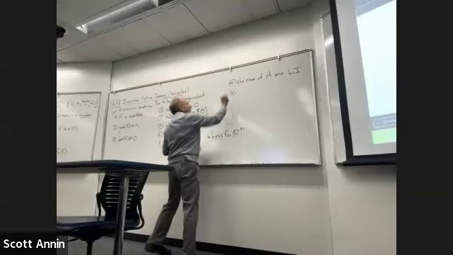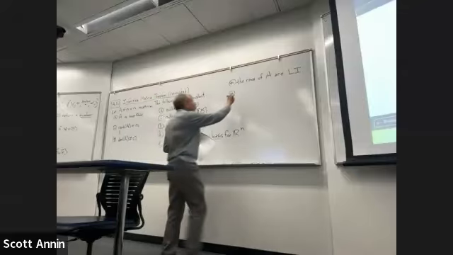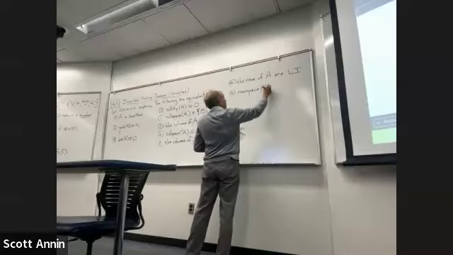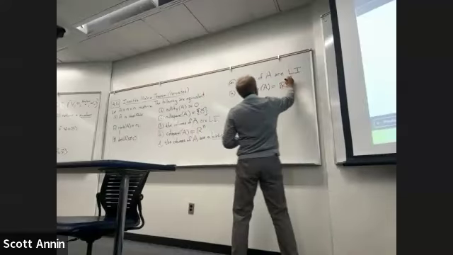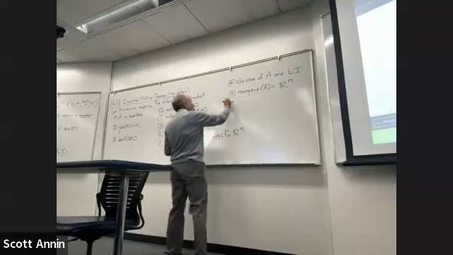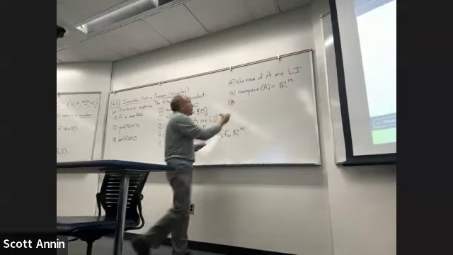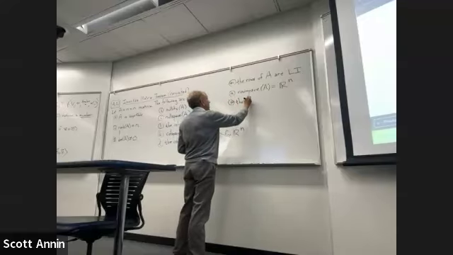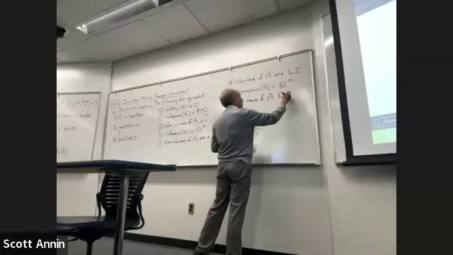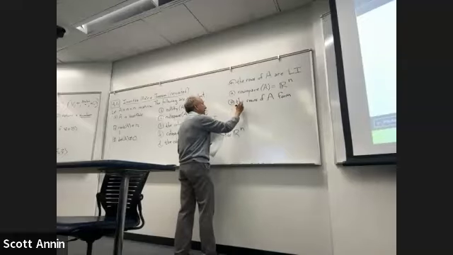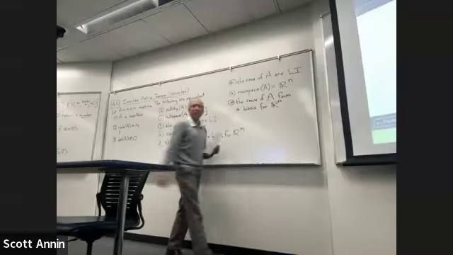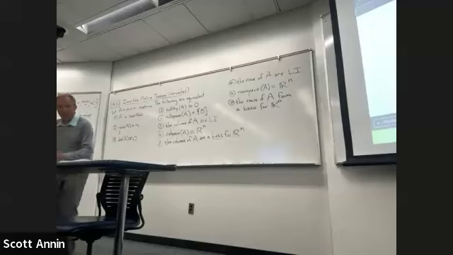And then statement N is going to be that the row space of A is equal to Rn. And then statement O is going to be that the rows of A form a basis for Rn. Okay.